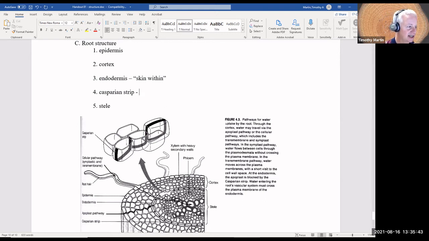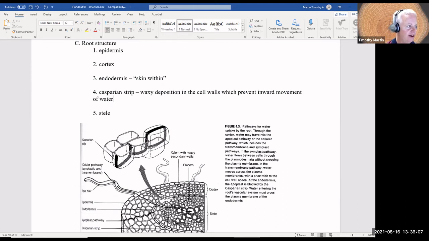And this is a close-up of the Casparian strip, which occurs here in the endodermal cells. And it's just a waxy deposition in the cell walls, which prevent the inward movement of water through the cell walls.